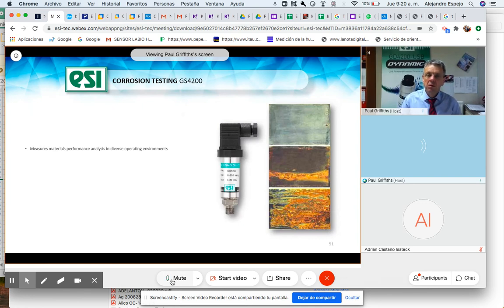So for this reason the transmitters have a low shelf life, and I think that maybe we can talk about this specific material, titanium. We have a better solution that you need to replace. I think that is very important for Acueducto Bogotá. They have three plants, so for this reason, it's very important to talk about that.